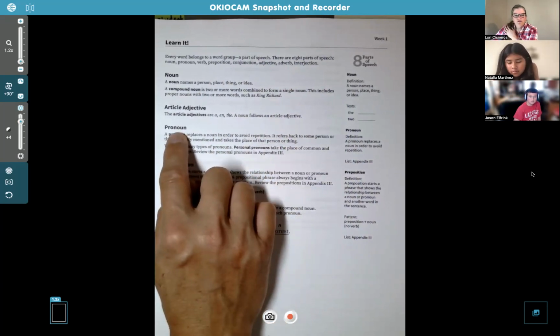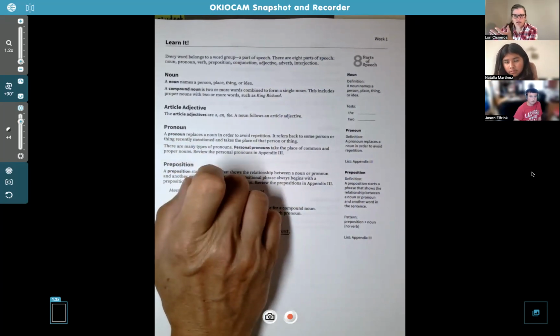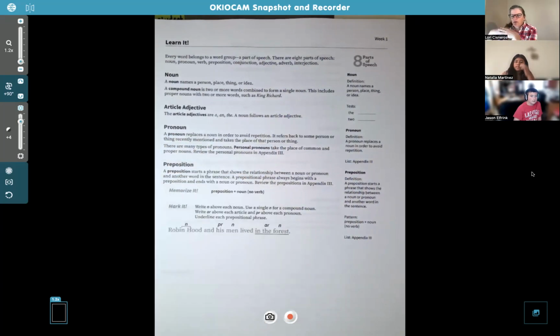And then pronoun, that takes the place of a noun. So when you have a sentence and you don't want to keep repeating the same word over and over again, you can use pronouns. If you're talking about a female, you would use he, she, and her or hers. And then if it's a male or a boy, it would be he and him and his, those types of words.